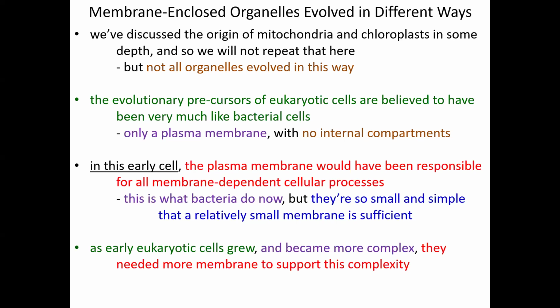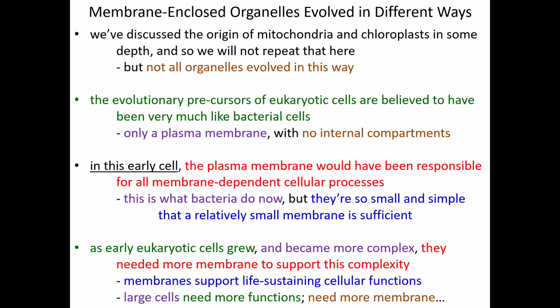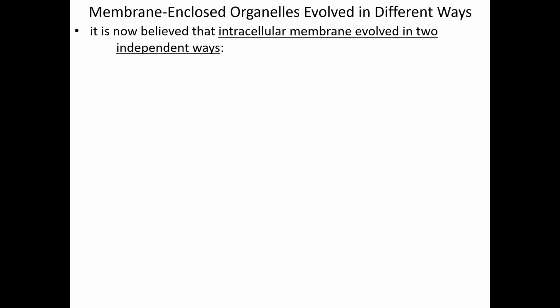But as eukaryotic cells, or proto-eukaryotic cells, way back in history, grew larger and more complex, they needed more membrane to support that complexity. Again, membranes support the biochemistry of life. And so if the biochemistry of life is becoming more complex, then you need more surface area of membrane to support that. More membrane was needed.